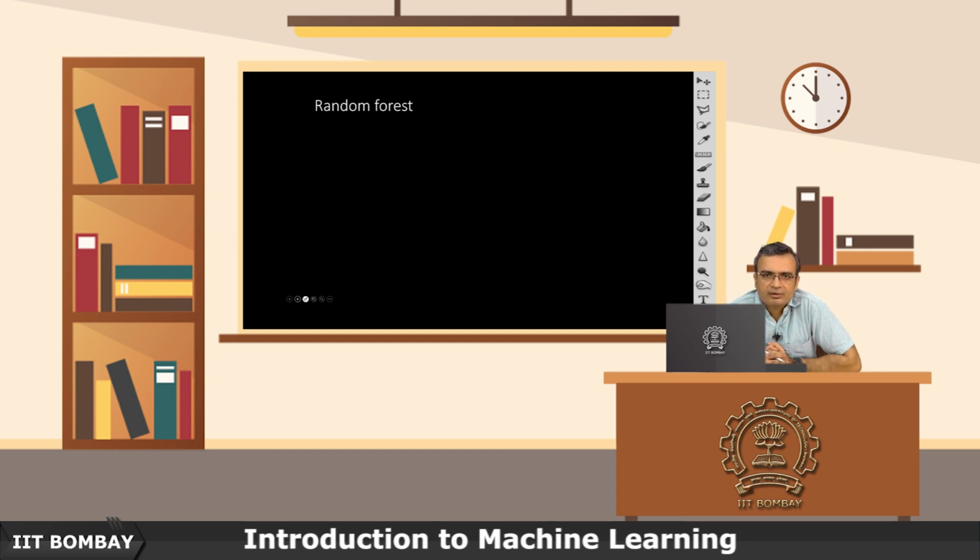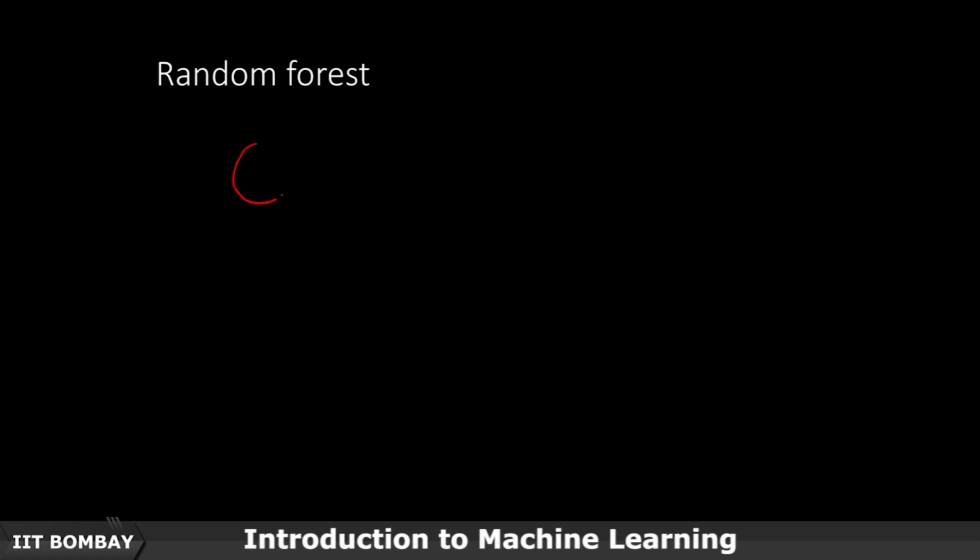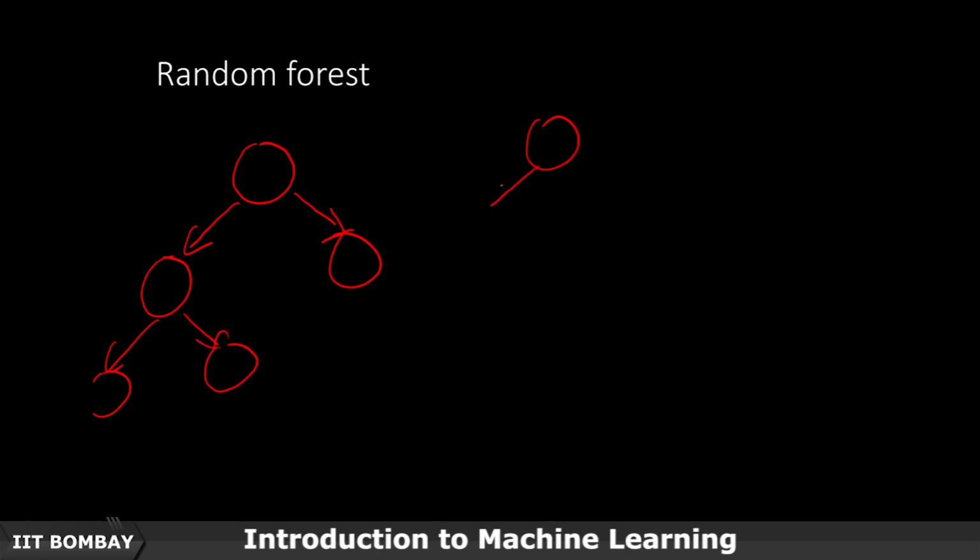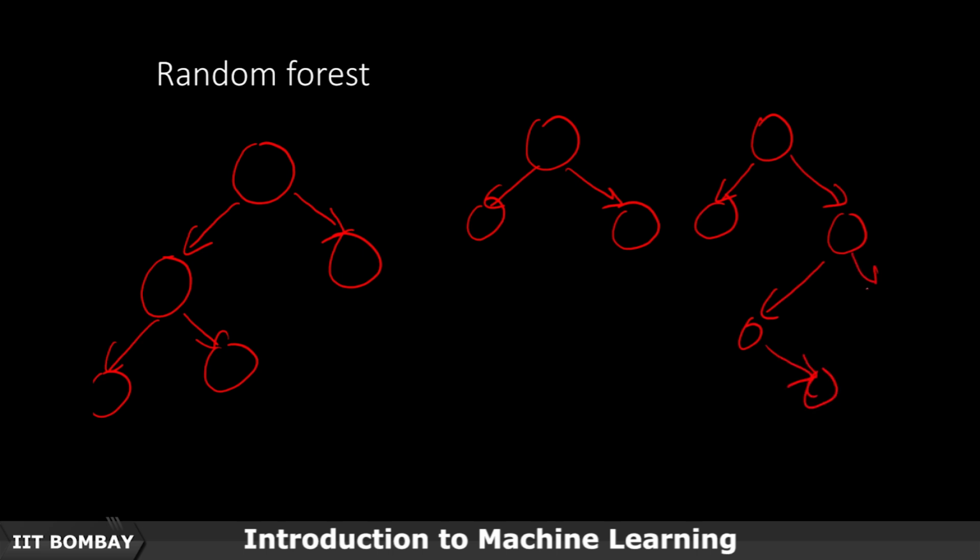So with the learning of a tree, we can generalize even better by taking an ensemble of trees, which is called a random forest. What we can do is take one particular tree, and then another tree, and then a third tree, and take the average of their decisions.